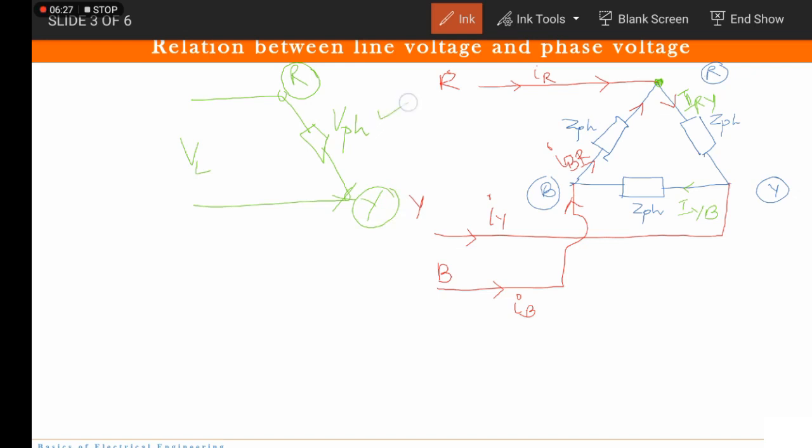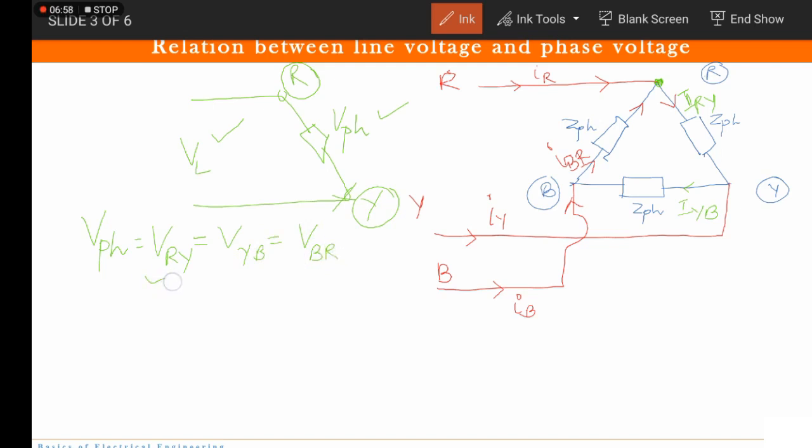So this is the phase voltage and this is the line voltage. So what can be the conclusion now? These are the parallel terminals. It means what is the phase voltage in this case? Phase voltage is nothing but the voltage between terminals R and Y. Similarly, it will be the voltage between Y and B, or the voltage between B and R.